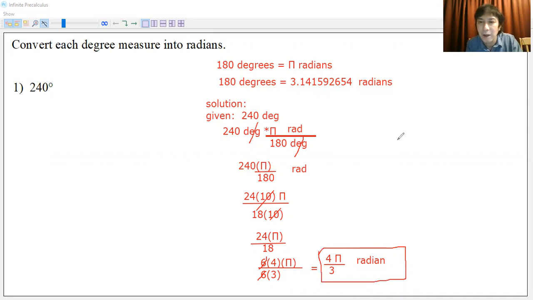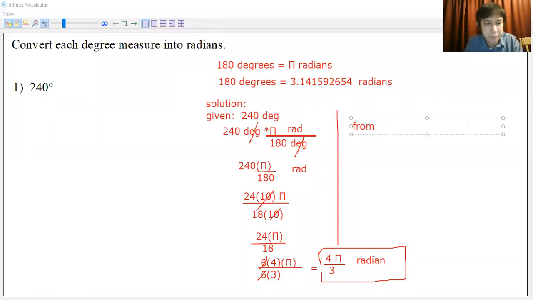There. Now, if you need the numbers, the equivalent of 4 pi over 3 radians, you can convert this into decimals. I will put that over here.